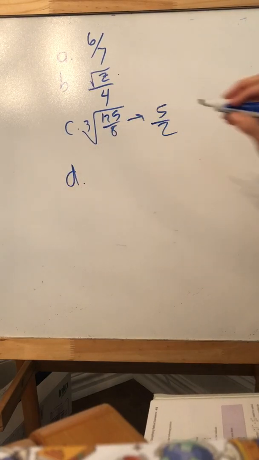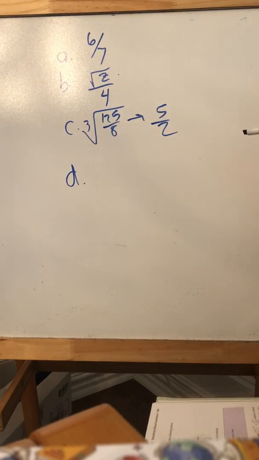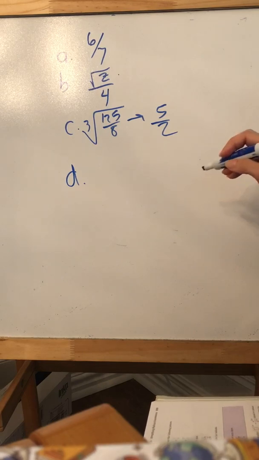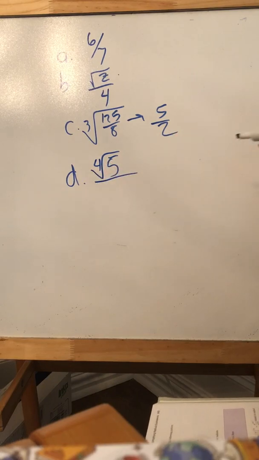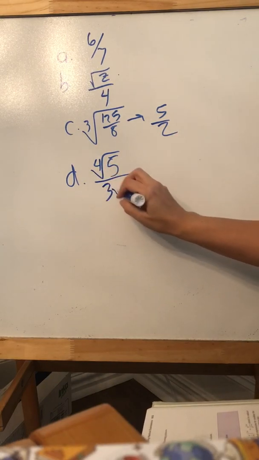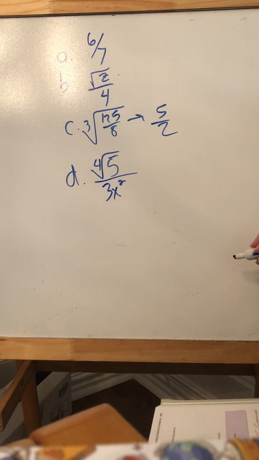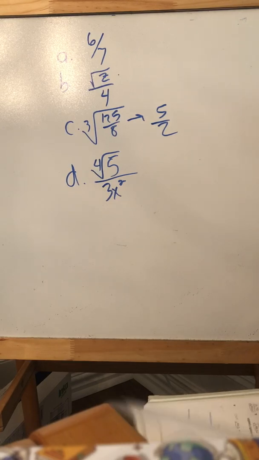Okay, D, you're dealing with a fourth root here, so you're going to have the fourth root of 5 over 3x squared. Now, in looking at that one, it was 81x to the 8th, and you can take that x to the 8th down to x squared by canceling out with the fourth root. Okay, let's move on.